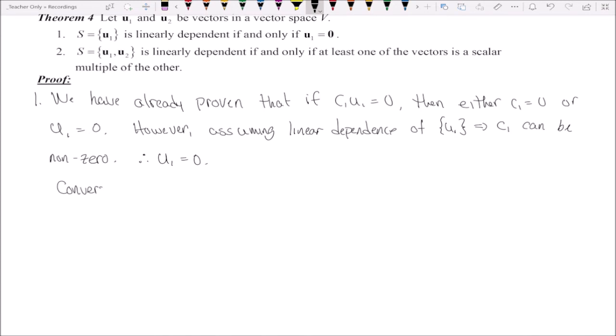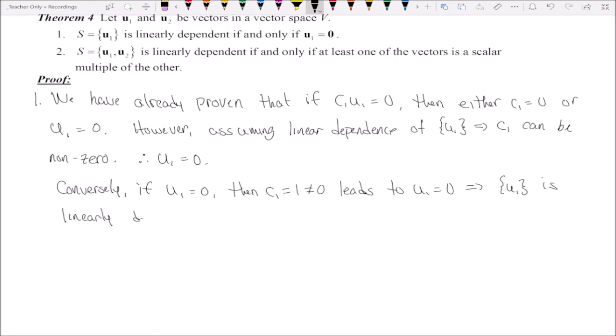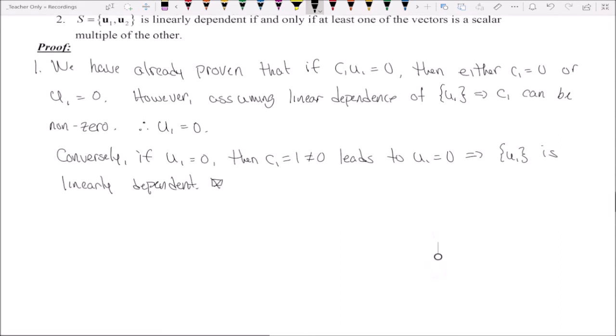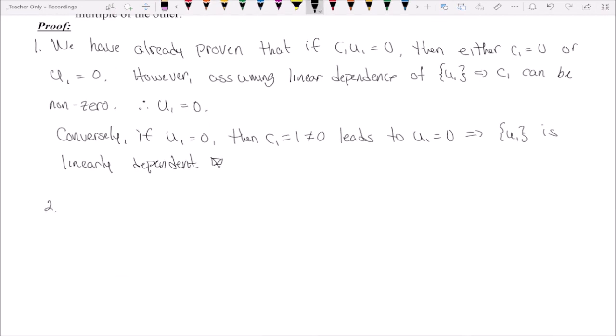Conversely, if U1 is 0, then C1 equals 1, which is of course not 0, leads to U1 being 0, which of course means that the set of just U1 is linearly dependent. And so the first statement's been proven. Second statement.